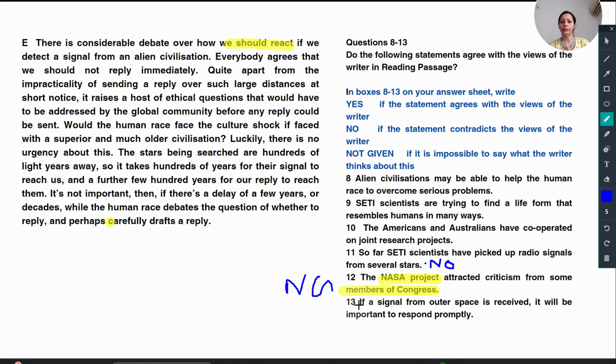Now a condition is there. If we detect a signal from outer space, from an alien civilization, everybody agrees that we should not reply immediately. But here a contradiction is there. Here they are saying it will be important to respond promptly. It means there is a contradiction. It means the answer is no.